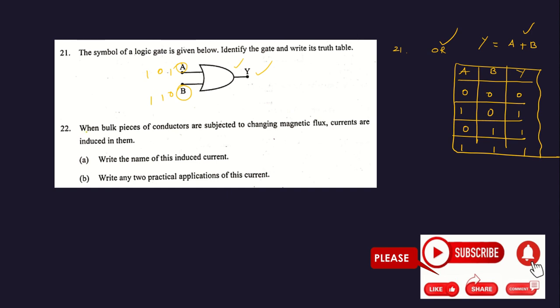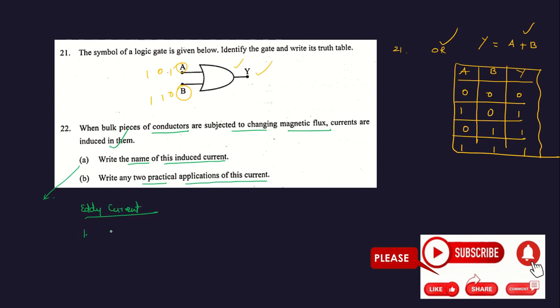Number 22. When bulk pieces of conductors are subjected to change in magnetic flux, currents are induced in them. Write the name of this induced current. Write any two practical applications of this current. Normally, that is called the eddy current, and it has a lot of applications.